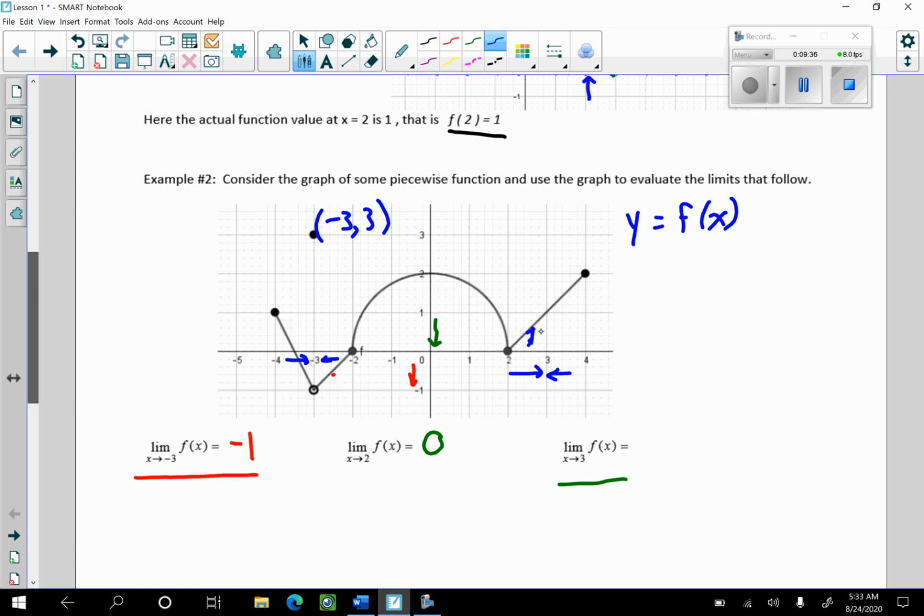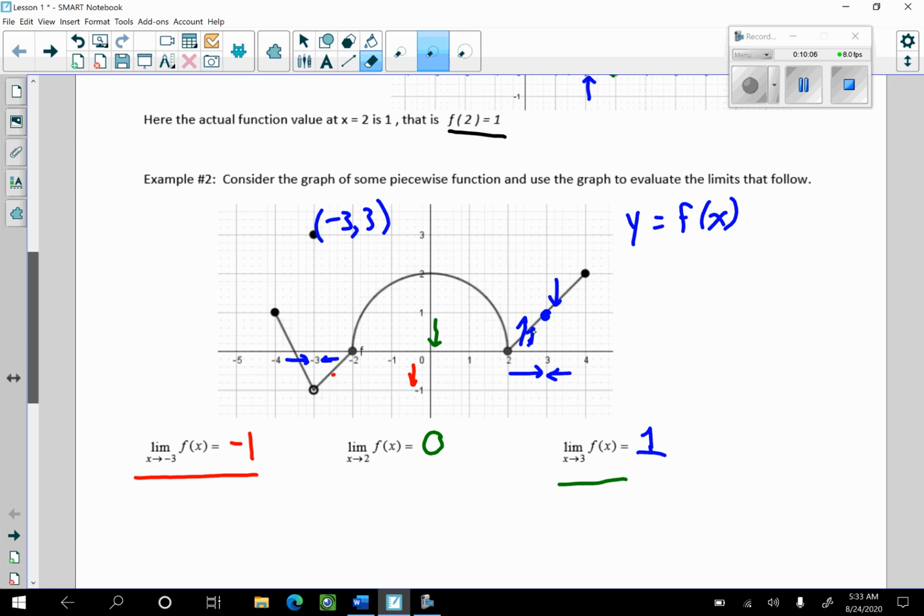It's not an open circle, it's part of the graph, but as x goes to 3, what did the outputs get close to? The outputs are going to get close to 1, and as I approach 3 from this direction, the outputs again are going to get close to 1. So we say this limit as x goes to 3 of f of x is equal to 1.